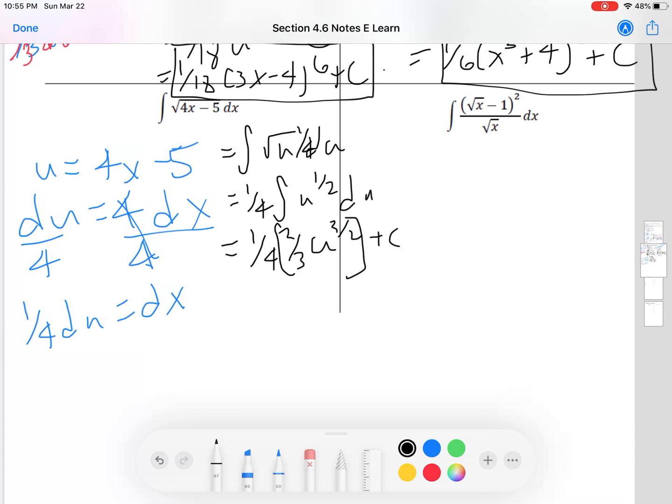There's always going to be a plus c at the end. And then we can multiply the fraction, so I get 2 over 12. If we want to, we can clean this up and call this 1/6 instead.